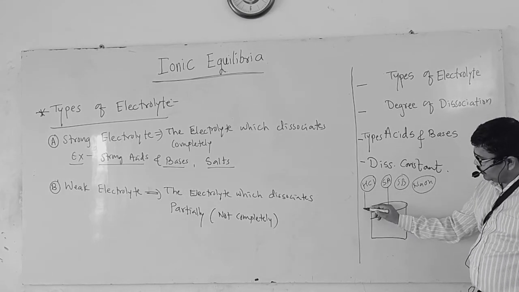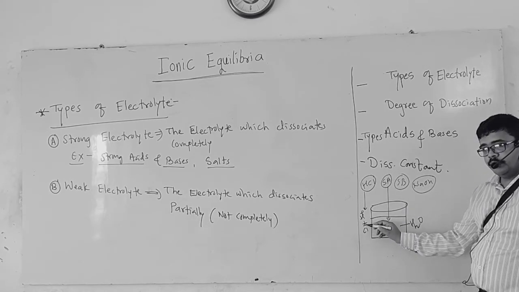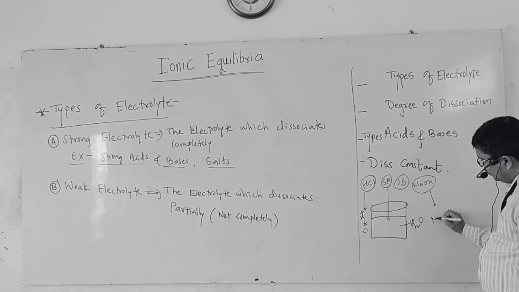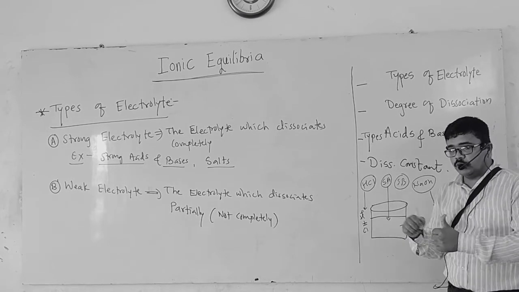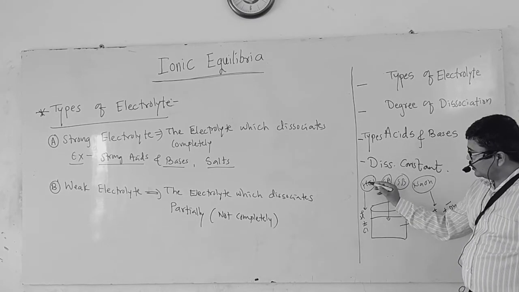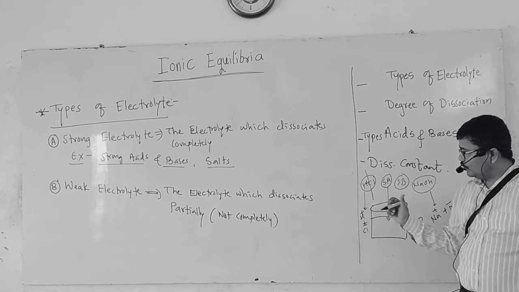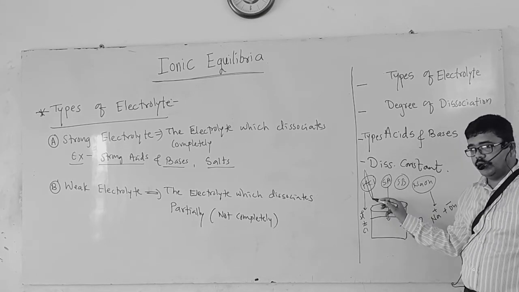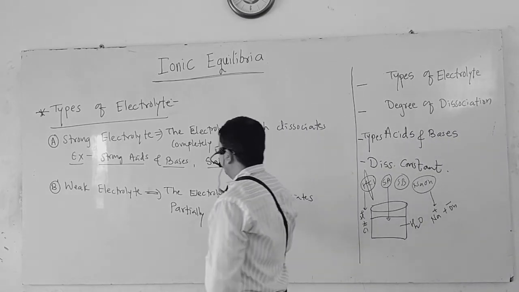Means when HCl dissociates, it will give two types of ions, that is H+ and Cl-. NaOH will give Na+ and OH-. Means the bond between H and Cl will break completely, so it will get dissociated completely. Okay. This is about strong electrolyte.